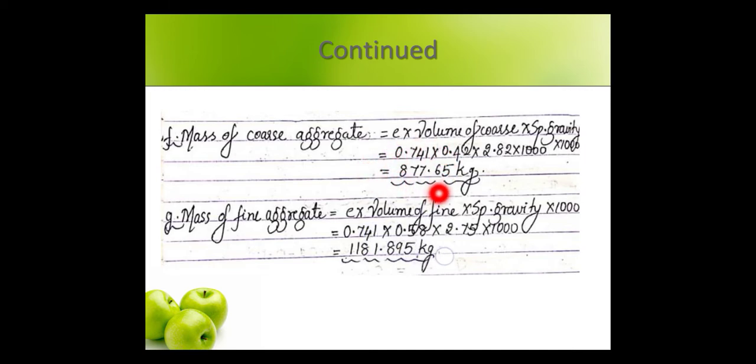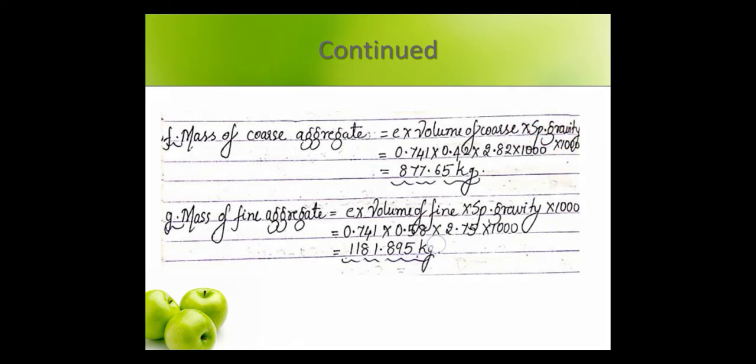So you will be getting the mass of coarse aggregate. Similarly, you need to calculate mass of fine aggregate also, that is volume of all in aggregate into volume of fine aggregate into specific gravity into 1000. This is nothing but volume of all in aggregate, that is in meter cube. You need to convert it into kgs, so multiply into 1000.